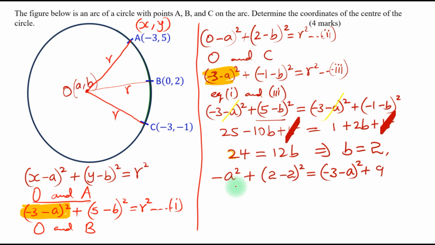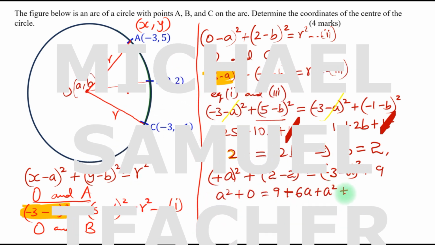Here, the left side is a squared plus 0, equal to, if we expand this, 9 plus 6a plus a squared, then plus 9.